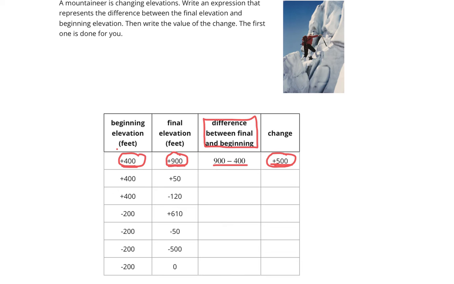What's the difference between them? Well, let's see. It would be the final elevation minus the beginning elevation again. The difference between them would be 50 minus 400 is a negative 350. And what would that mean? Well, it would mean that he's gone down, or maybe it's a she, she's gone down 350 feet.